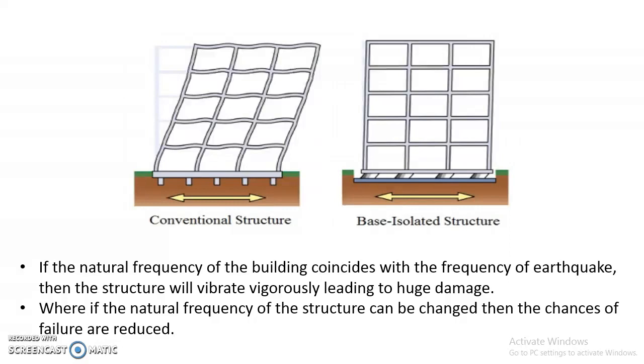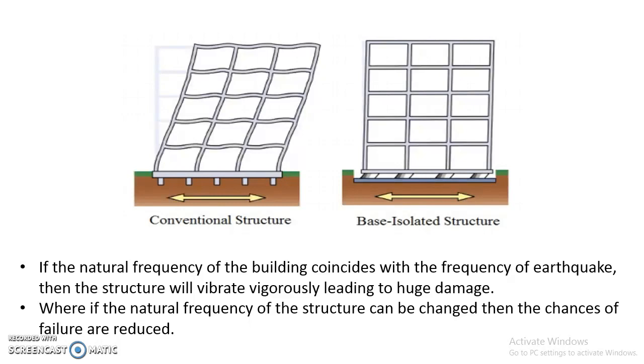Whereas if you observe the base isolated structure, though the base is subjected to seismic waves, the effect is not seen much on the structure. That is, the deformation in the structure is less compared to the conventional structure where no base isolation technique is used. This is generally because of the fixity in the conventional structure.